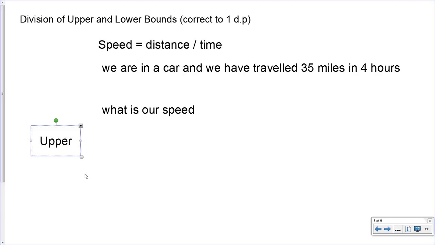Now, in order to find the upper bound of the answer, we'll need to do 35 divided by 4. But we want to find the biggest possible answer that 35 divided by 4 will give us. So for this, I like to imagine a cake.